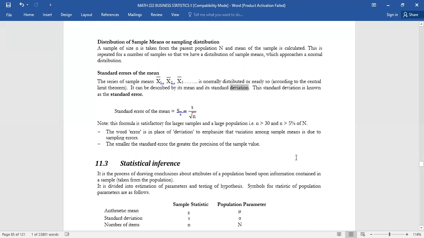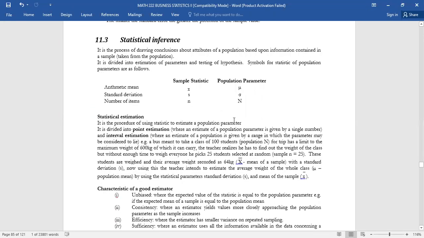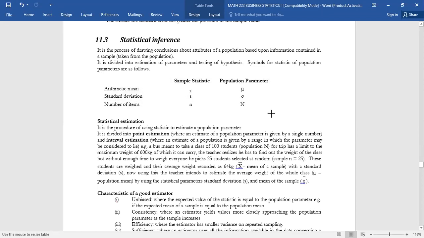So I've said our data or the symbols is as highlighted. Let's start with the statistical estimation. So whenever we'll be talking of the sample, we'll be using X bar, this is not X. So the arithmetic mean, we denote it by X bar. For the population, it is mu, this symbol is called mu.